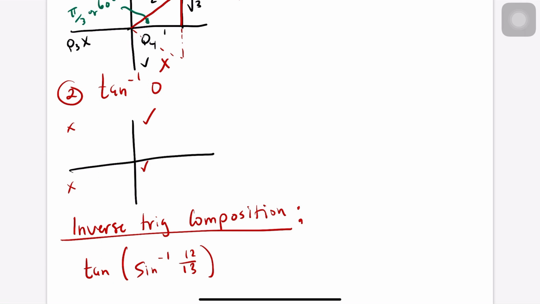Now, this one's going to be interesting because you're like, wait, tangent 0. If that's true, then it must be that my y over x is equal to 0 over 1. And I say 0 over 1 because if x is 0, remember, you'll get undefined. So the only way you can get 0 is if it's 0 over 1.